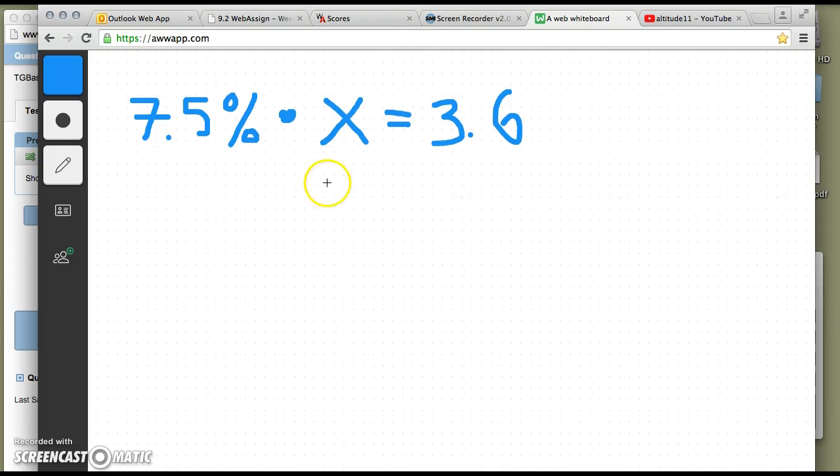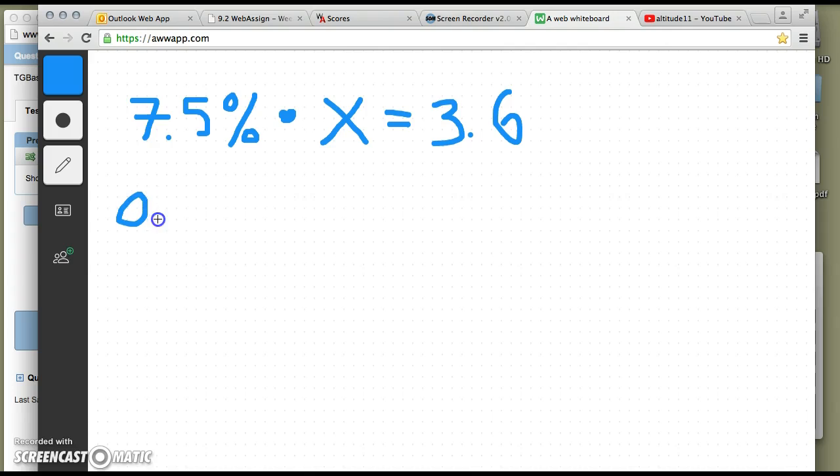Basically what we're saying here is that if you have some number and you multiply it by 7.5%, you're going to get 3.6. And that's exactly what we want to solve for. We want to figure out what number that is. First of all, we need to change this percent here into an actual number. We don't want to have this percent sign hanging around. So we need to move this decimal 2 spots to the left.